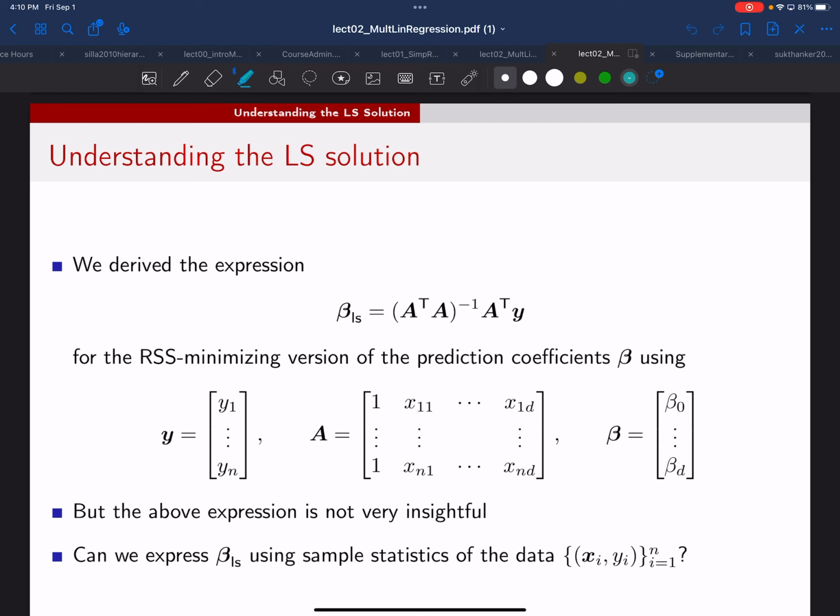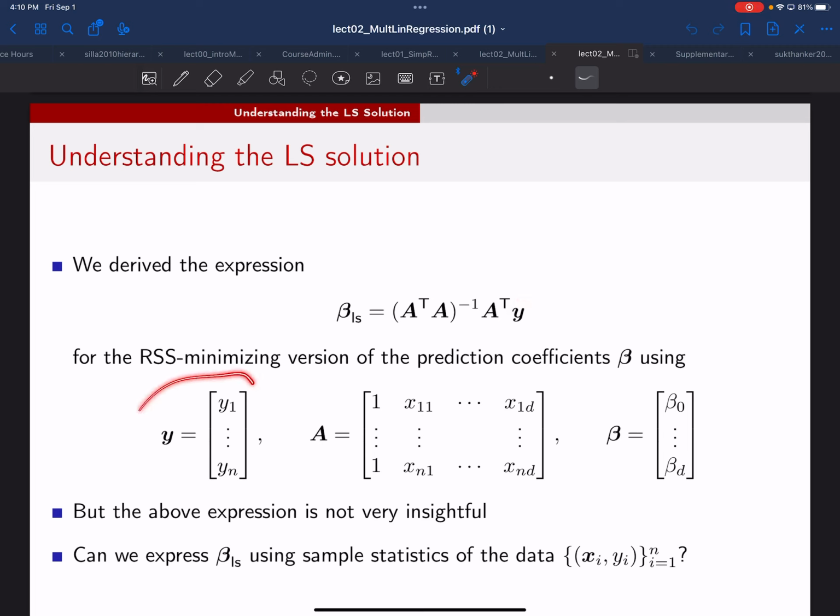So today we're going to continue where we left off with this least squares solution. Last time we derived the optimal least squares weights beta hat have this form. Here A is a matrix that contains all of our training features, but also is augmented with a column of all ones.